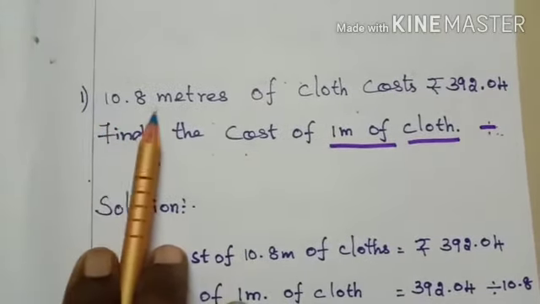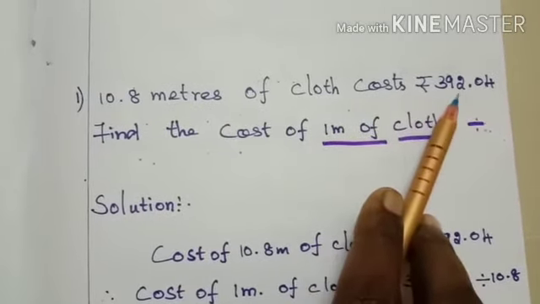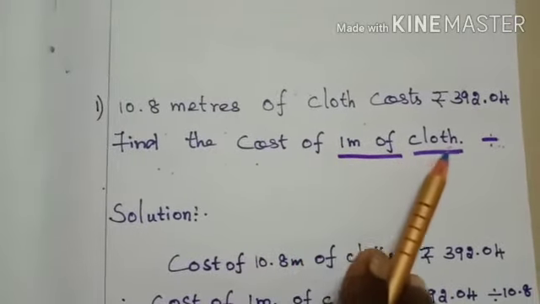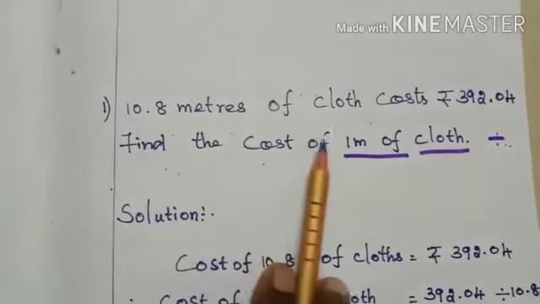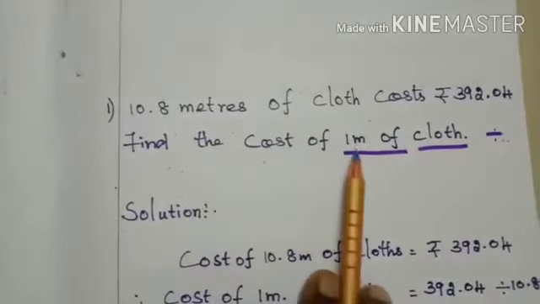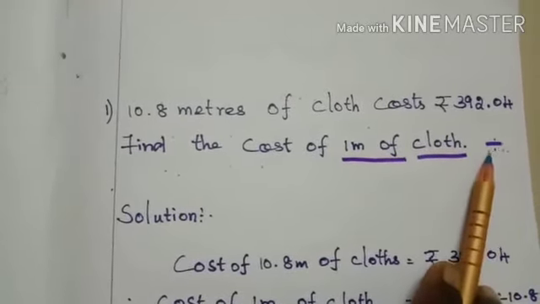First sum: 10.8 meters of cloth cost rupees 392.04. Find the cost of 1 meter of cloth. Here many meters are given and we have to find 1 meter of cloth. Many to 1, so the operation is division.